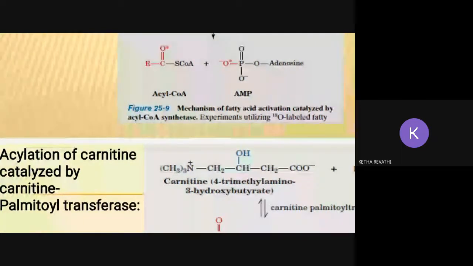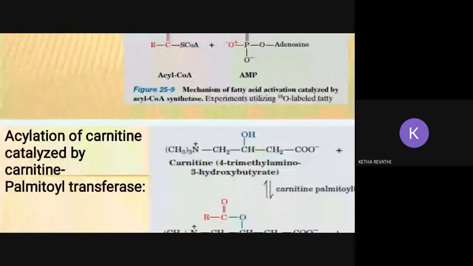But if the R chain has 12 carbon atoms or greater than 12 carbon atoms, understood? Then that acyl-CoA requires one transport vehicle. That transport vehicle is nothing but the carnitine protein. Carnitine protein is a transport vehicle.